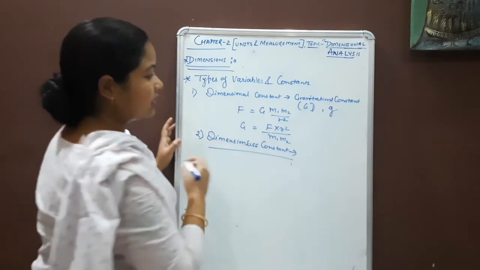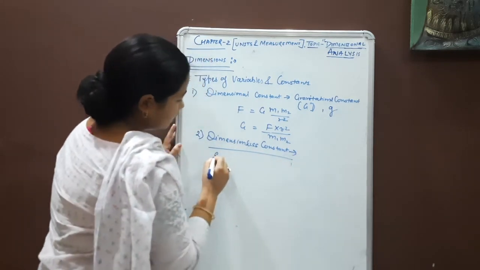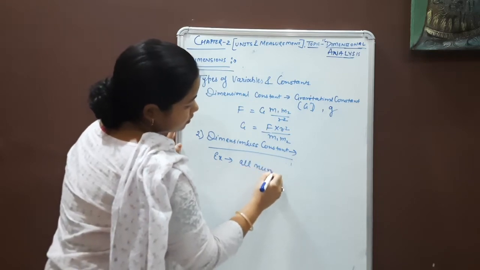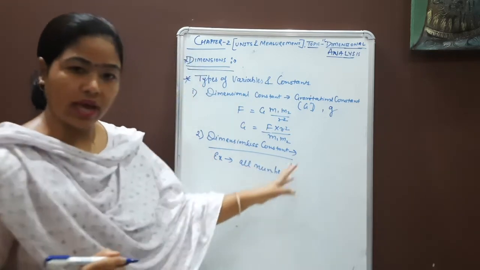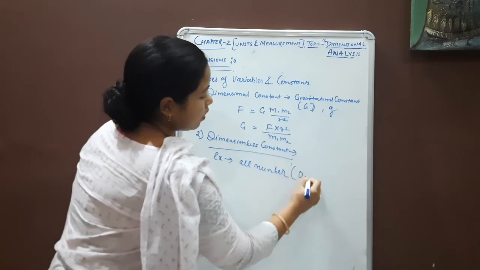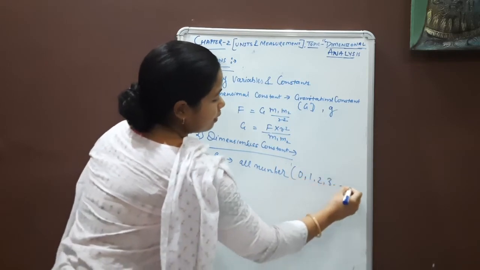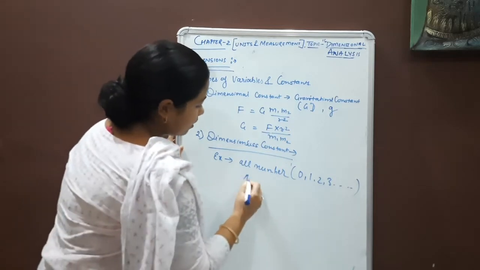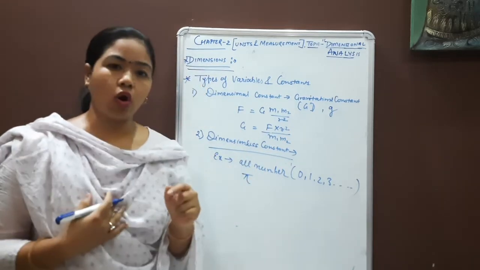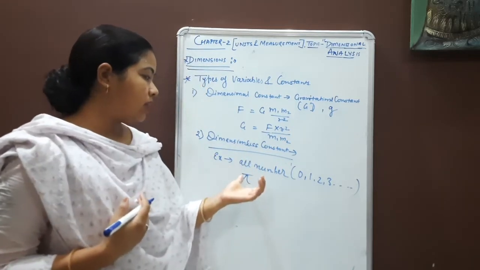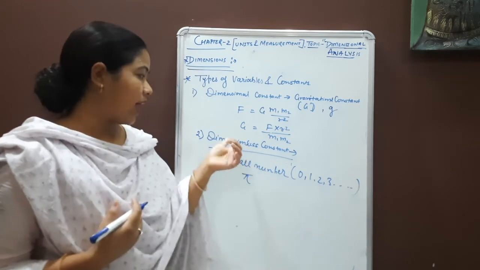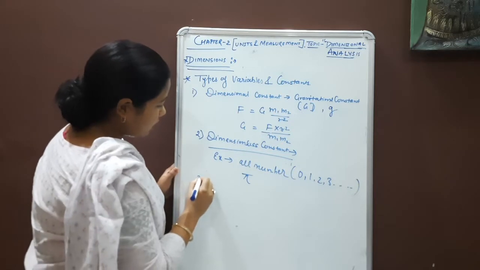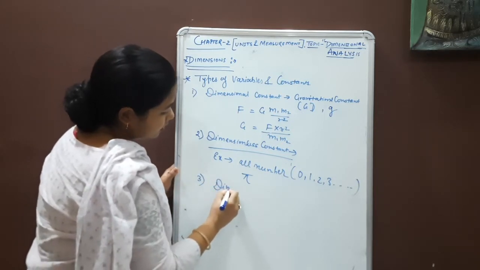Likewise, we can say all numbers are in this category, like 0, 1, 2, 3 up to whatever number we have. Like pi. The value of pi is always constant, but still this value does not have any dimensional formula.